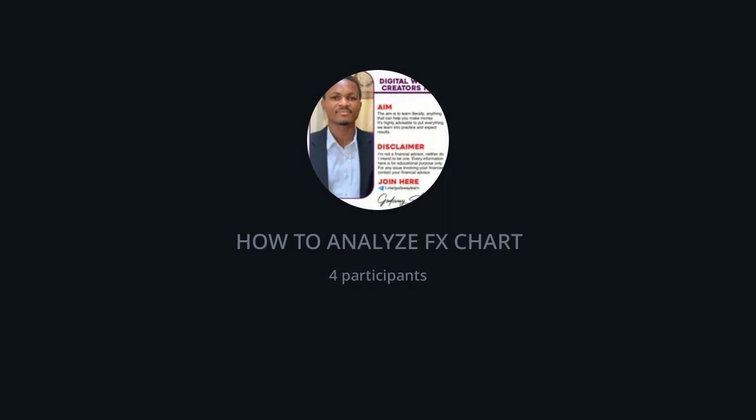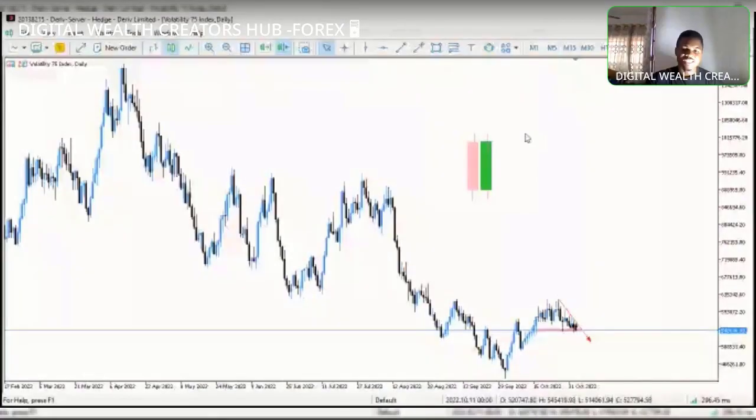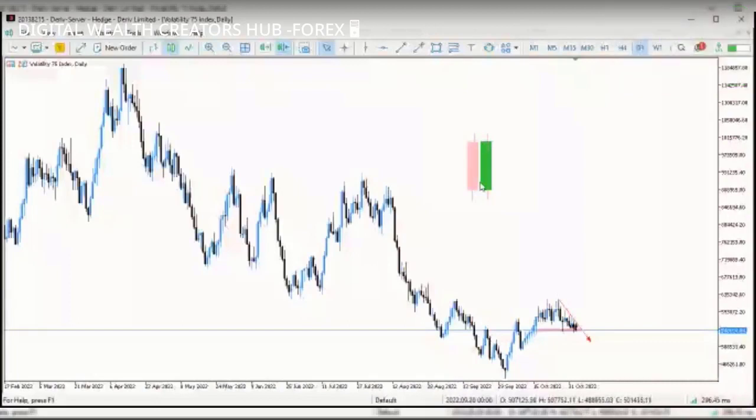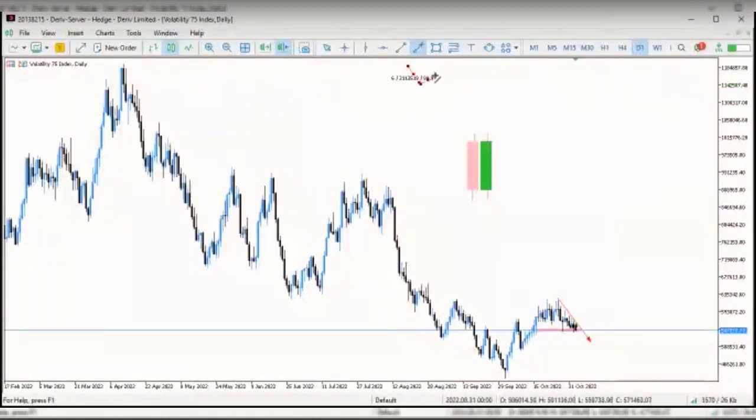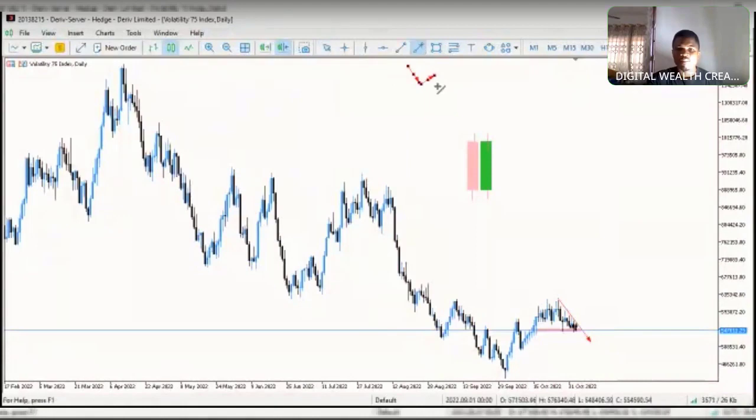This is what I'm using to explain a tweezer bottom or tweezer top for you. Now let's say this pink candle is a bearish candle and the green one is a bullish candle. Now we will consider this as a tweezer bottom. A tweezer bottom in the sense that the market moved from the top, then it came down.